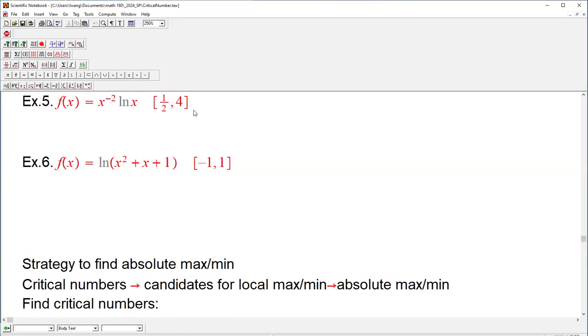Derivative. Okay, so first look at the domain. The domain of this function should be x is greater than 0, required by ln x. X cannot be 0, right? But the interval does not include anything even close to 0, so we don't have to worry about it. So the function is continuous on the closed interval.